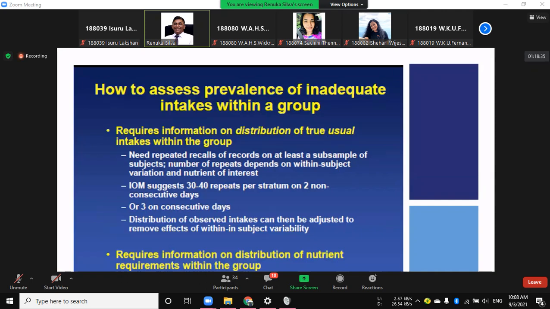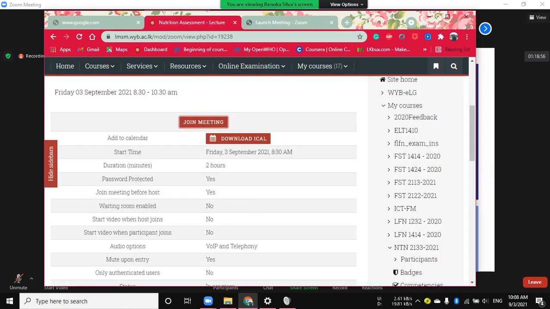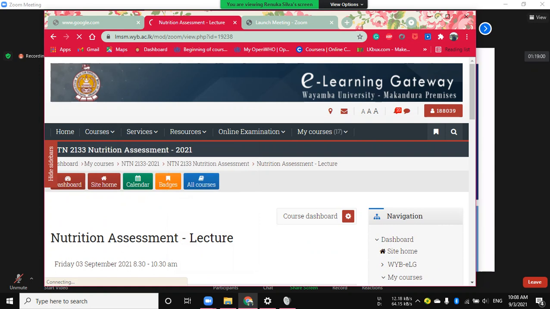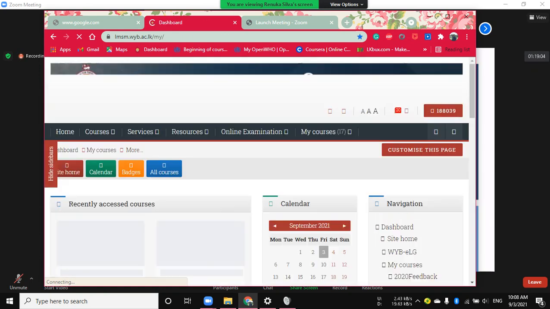Now, the next step, after understanding this RDA, EAR values and your calculated value, is how to assess the prevalence of inadequate intake within a group. Now, we have group data, right? To calculate the group values, you look at the average intake of a group.